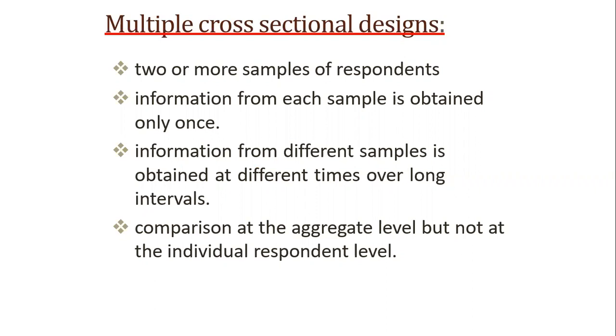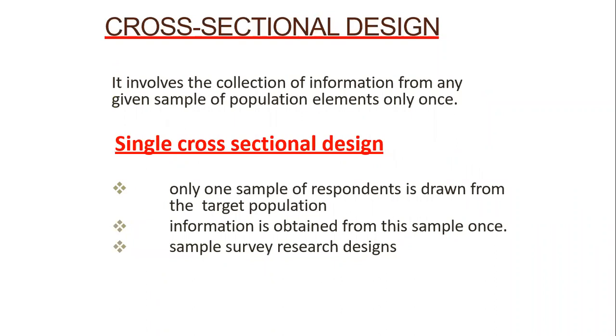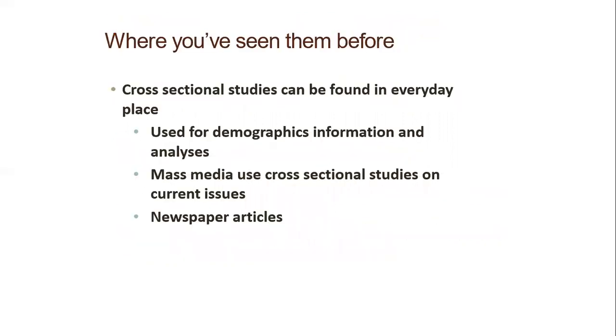But when it comes to the single cross-sectional, it is only one sample of respondents from the whole population. Now, where you see this especially every day is in demographic information and analysis, such as age, gender, and so on. Mass media use cross-sectional studies on current issues which are going on, and in newspaper articles. So there the cross-sectional and single cross-sectional is studied.